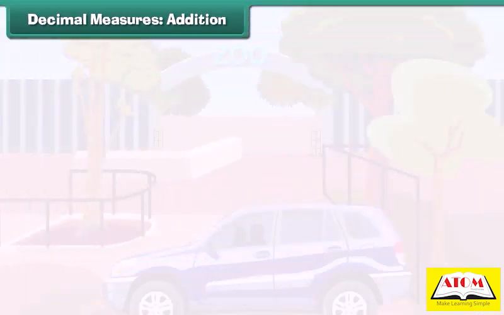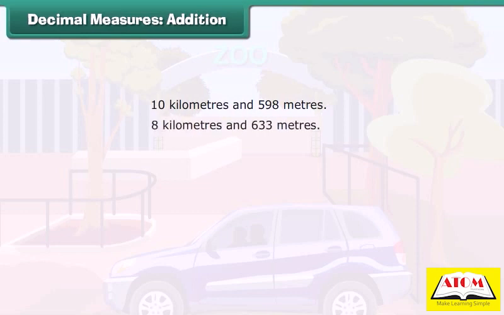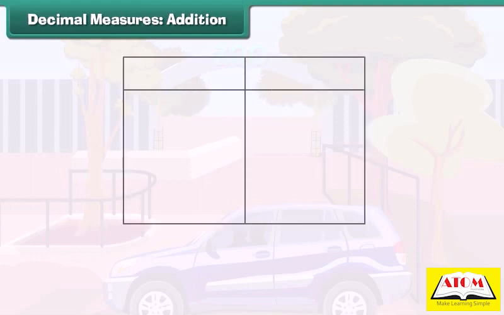The total distance covered by Ryan and his uncle can be calculated by adding both the distances. First, make two columns. In the first column, write kilometers, that is km, and in the second column, write m, that is meter. Write 10 under kilometers and 598 under meters.